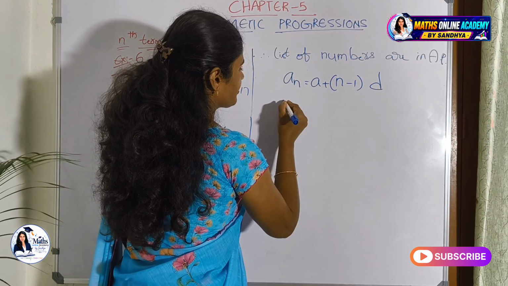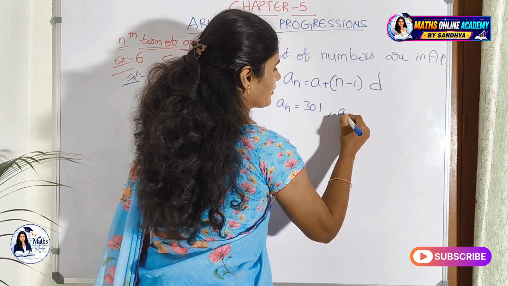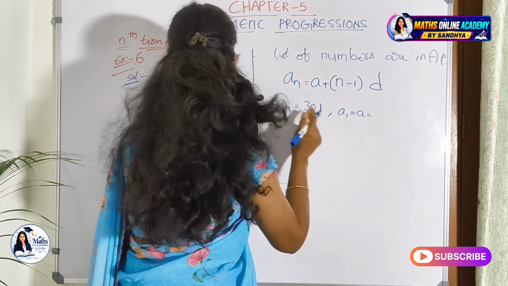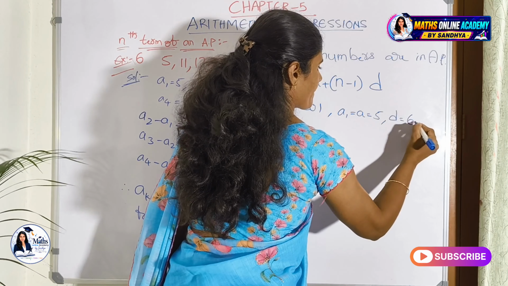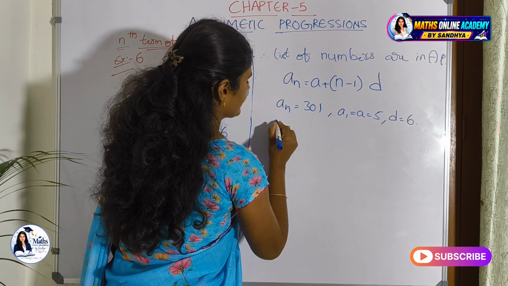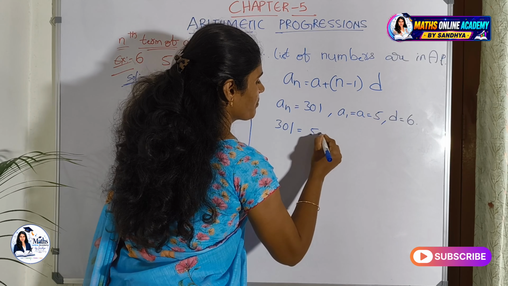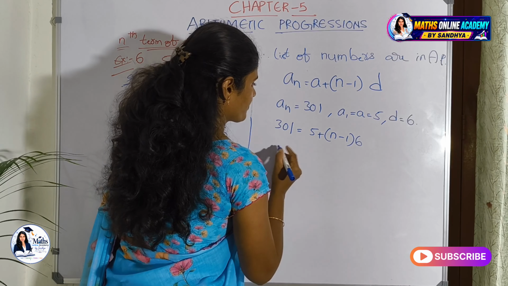And we know A1 is the A here. Here A1 equal to what? 5. And D is 6, the common difference. Substitute: 301 equal to 5 plus N minus 1 into 6.